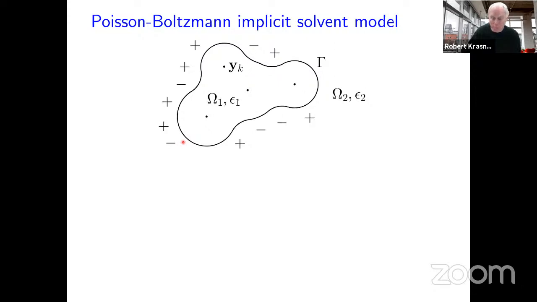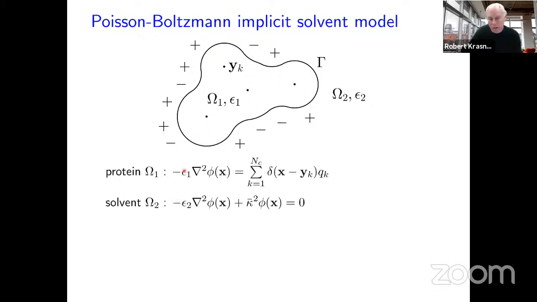It's a model, and it is described mathematically by two coupled Poisson type equations. In the protein domain, we have a Poisson equation for the discrete charges. NC is the number of discrete charges. And in the solvent domain, we have a linearized Poisson-Boltzmann equation.